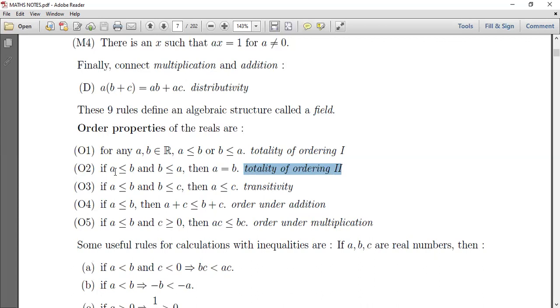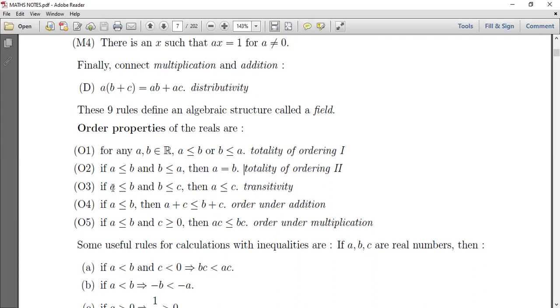In other words, you are saying A is equal to B, and B is equal to A. I'm sure you understand that we are saying less than or equal to. So if A and B are both 10, 10 is less than or equal to 10, because 10 is equal to 10, and then 10 is less than or equal to 10. Then it means 10 is equal to 10.